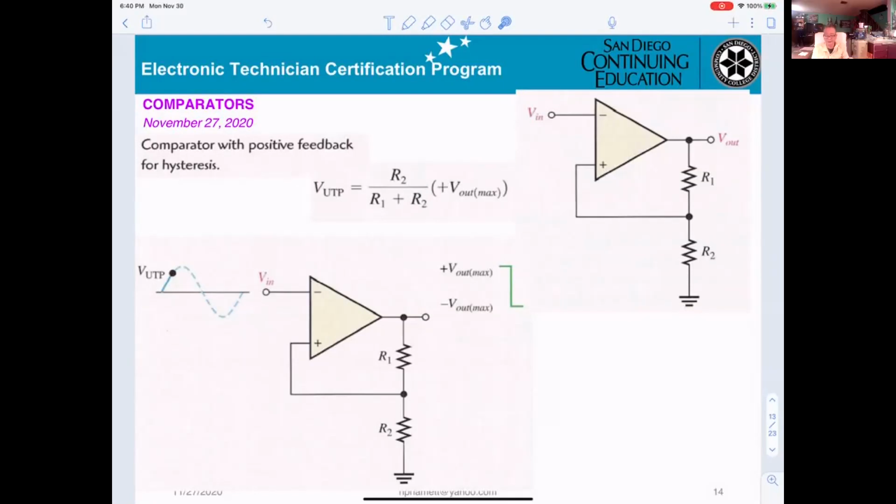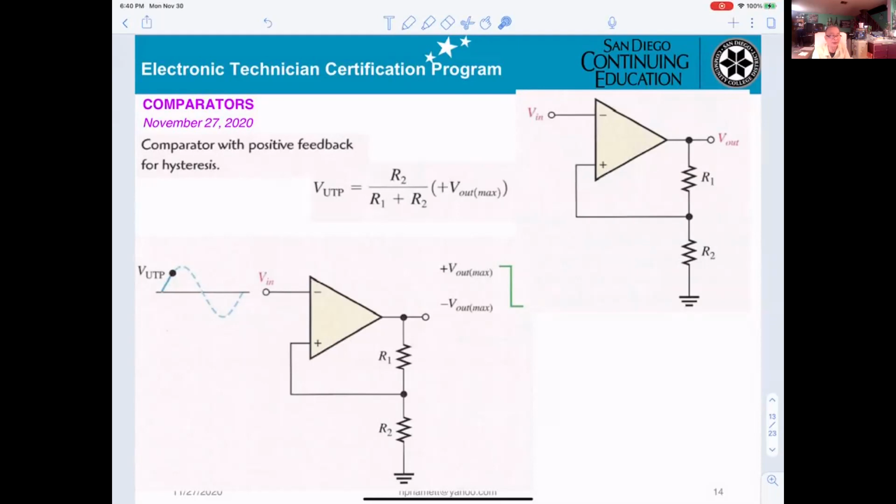You know what amplifier this is? Inverting? If they're inverting, then the positive must be grounded, right?